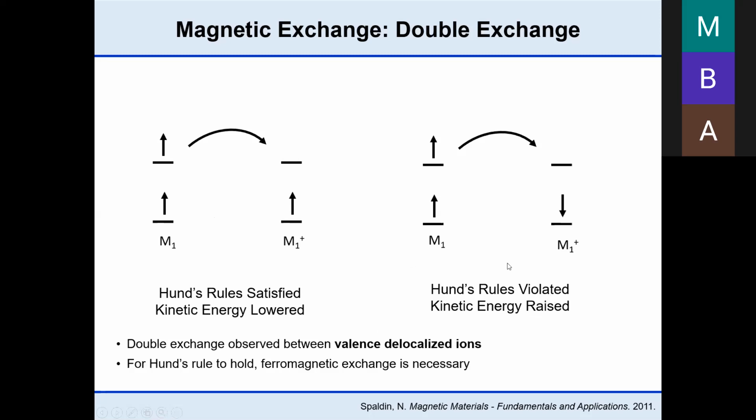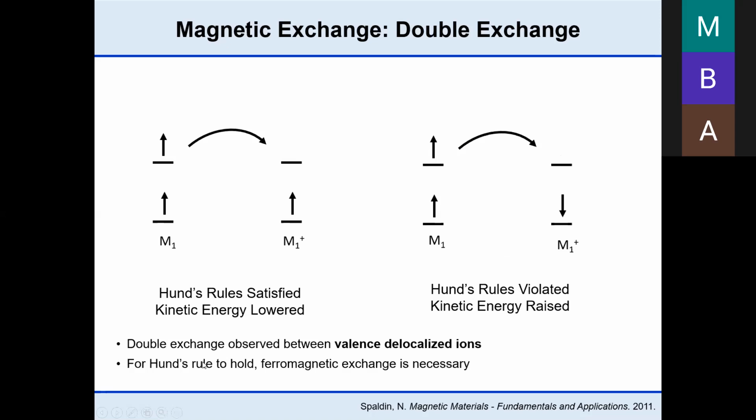However, in the event that we have an anti-parallel arrangement, as shown on the right here, transferring this electron would lead to a violation of Hund's rules, which gives us a higher energy state when we do the electron transfer, and as a result, our kinetic energy is raised.